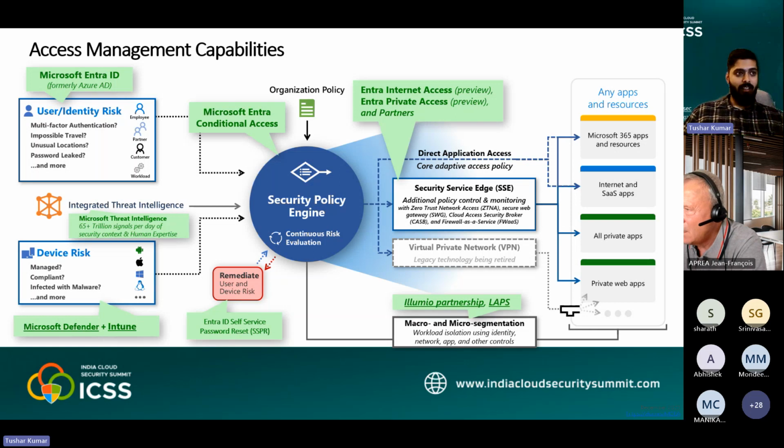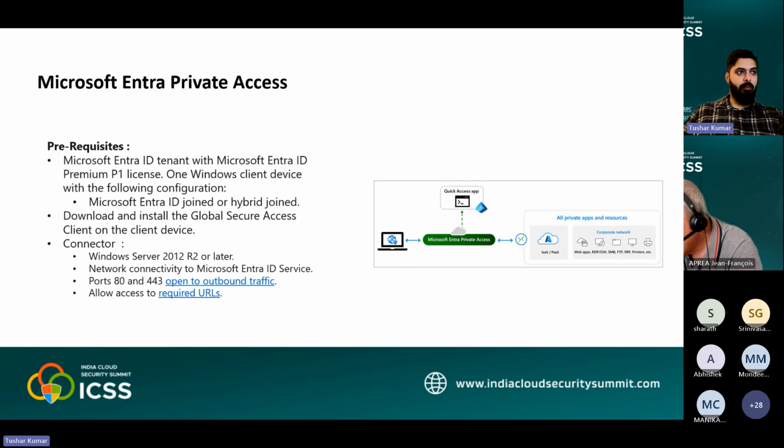Based on that, everything goes into your security policy engine, which evaluates everything, and that is connected with your security service edge. Since I have just 3 minutes, I will skip this piece, because you can see it anywhere.